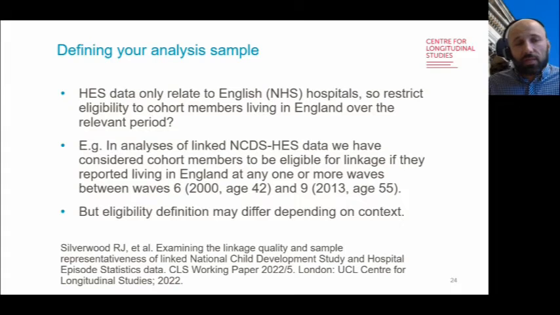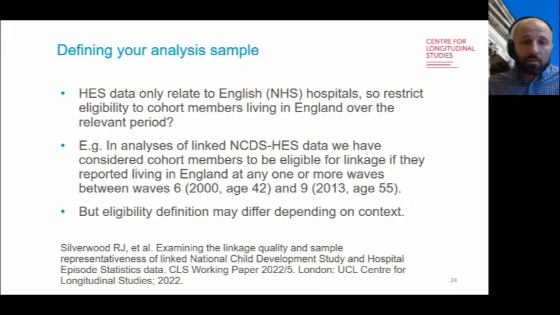But a major feature of these HES data sets is that they relate only to English NHS hospitals. So we might want to restrict our attention in terms of eligibility to cohort members living in England over the relevant time period. So that's one thing that we've done in our analyses of linked NCDS HES data.